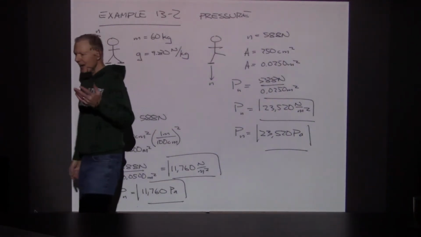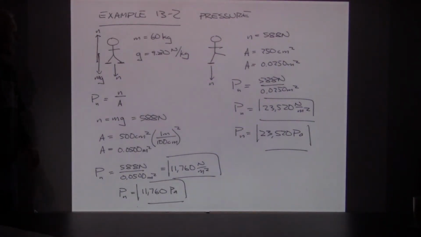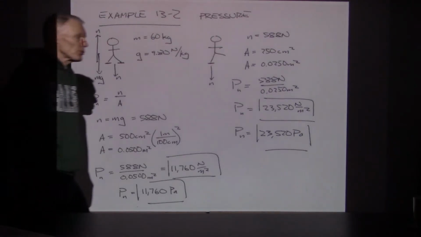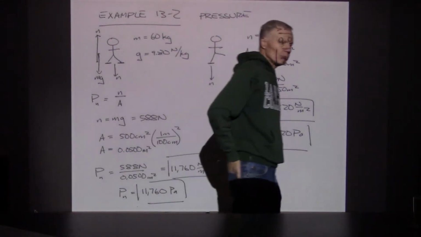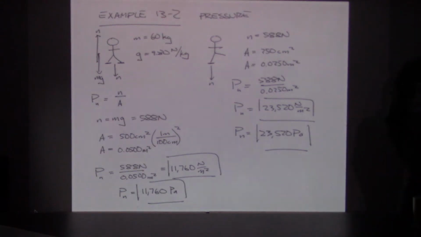Okay. Now air pressure, and we'll get to this a little bit later, but atmospheric pressure is a good reference here. Atmospheric pressure turns out to be roughly 100,000 pascals. It's actually 101,300.